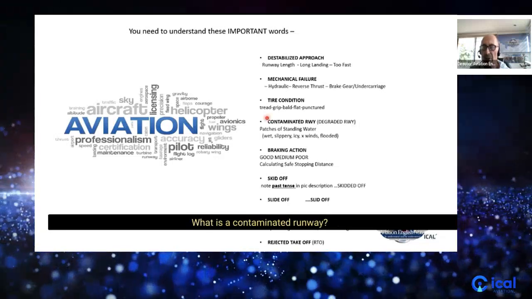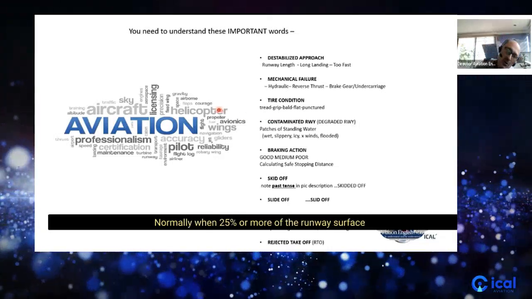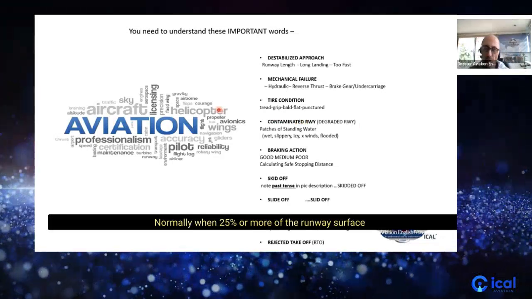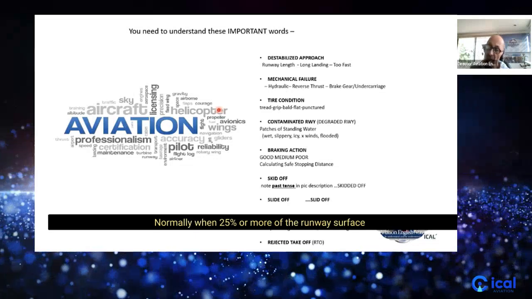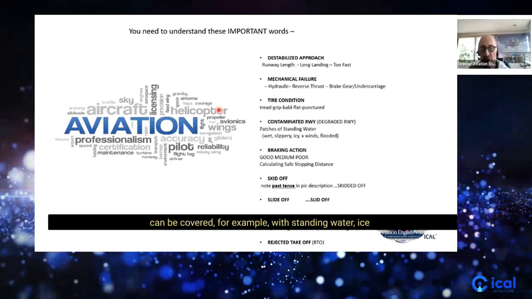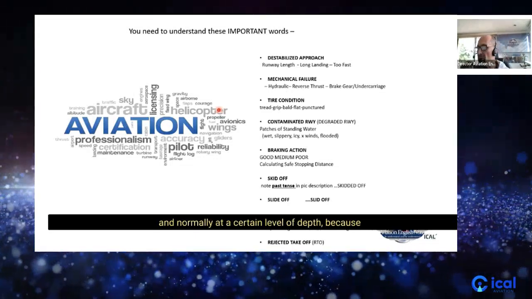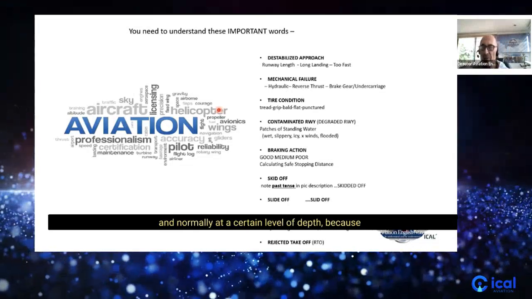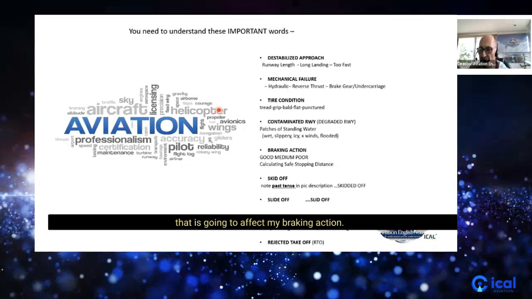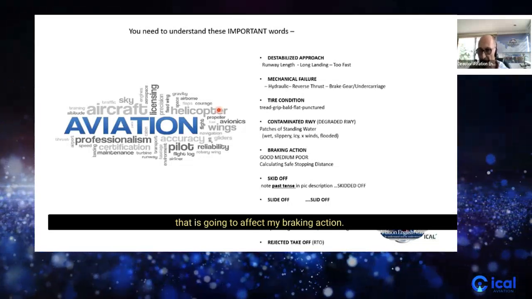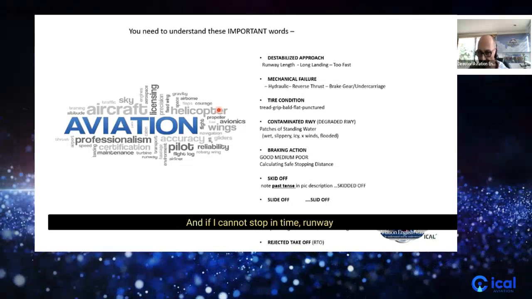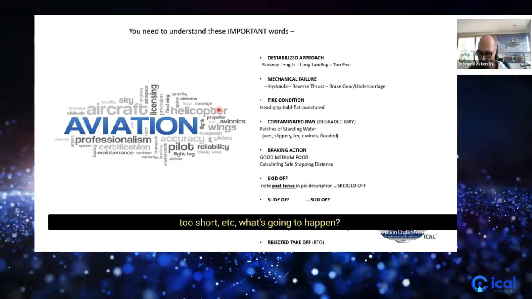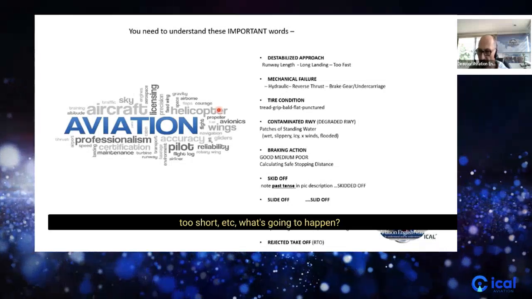What is a contaminated runway? Normally, when 25% or more of the runway surface can be covered, for example, with standing water or ice, and normally at a certain level of depth, because that is going to affect my braking action. And if I cannot stop in time, runway too short, etc., what's going to happen?